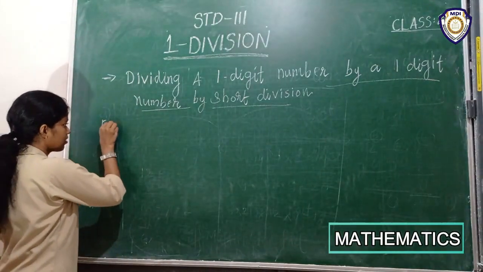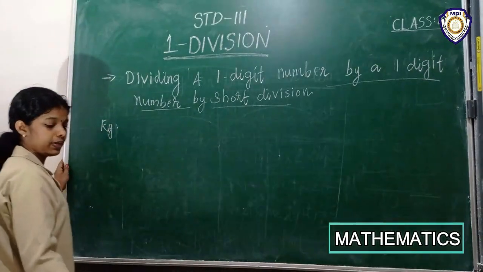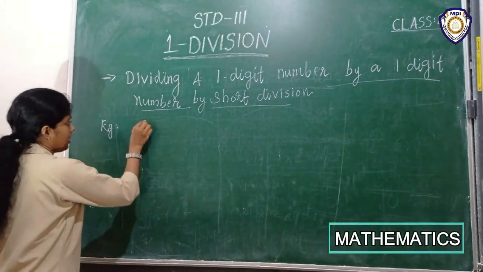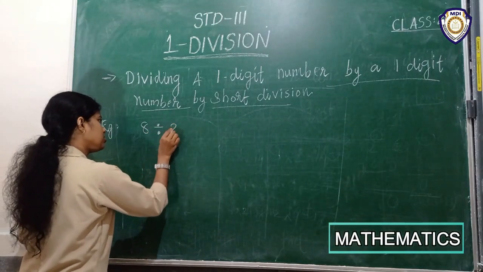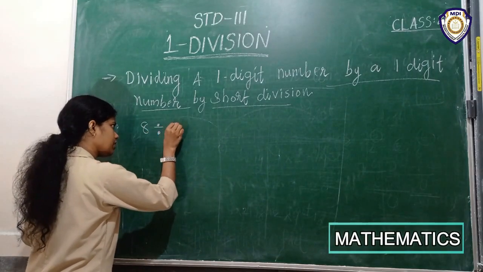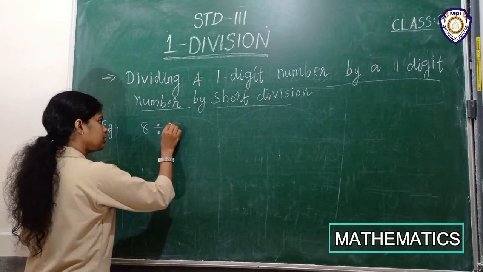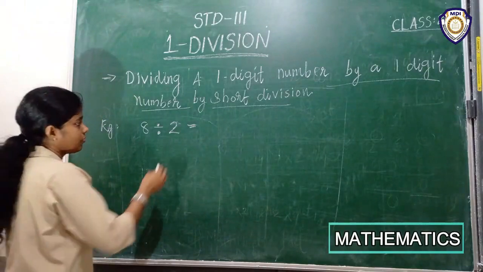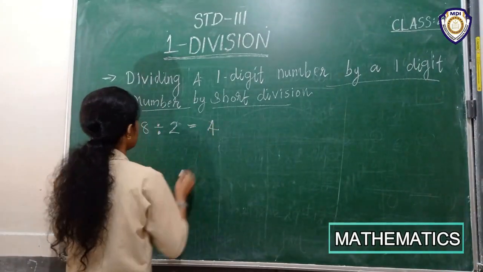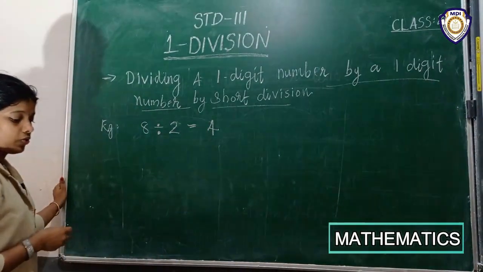Example, consider the number 8 divided by 2. 8 divided by 2 equal to 4.